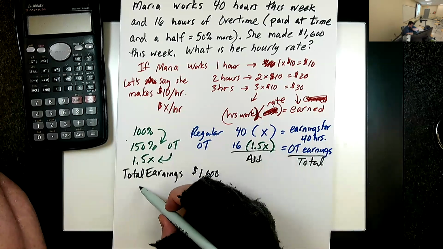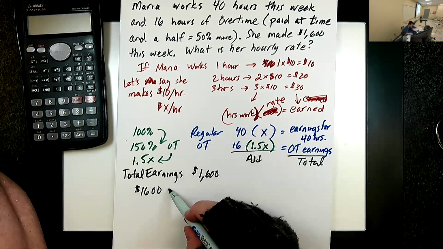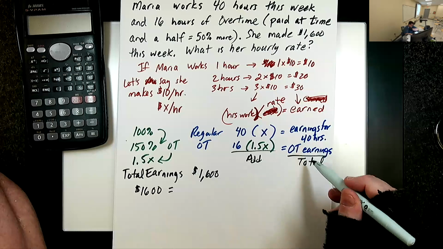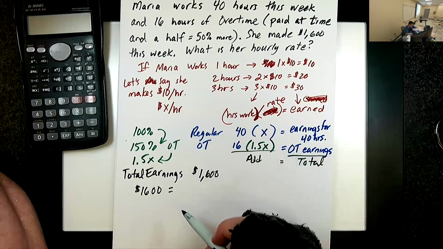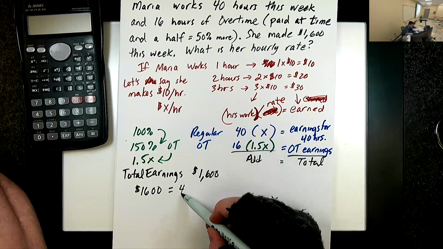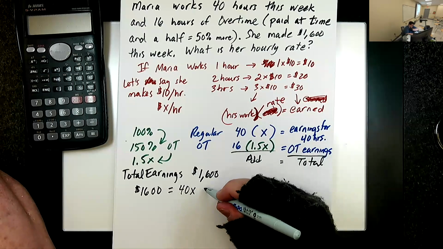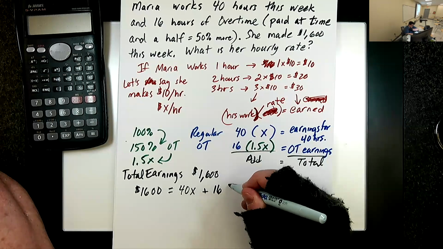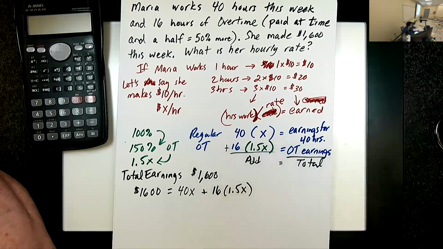So 1,600 should be the same value, because that's on one side of this equal sign, equals the 40x. I don't know what the x is, so we'll say 40x, plus 16 times 1.5x. That's what happens if I add those two up.